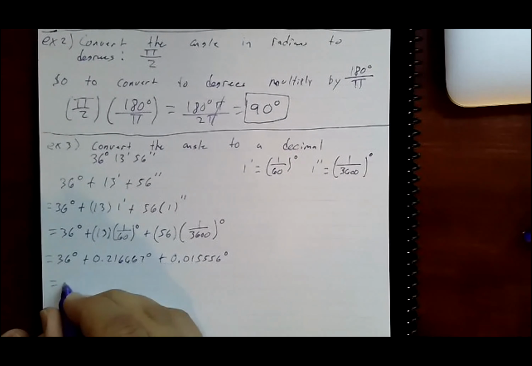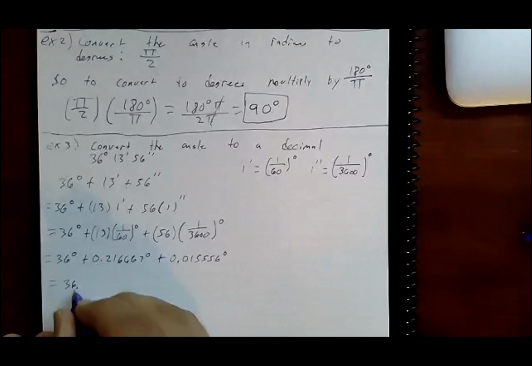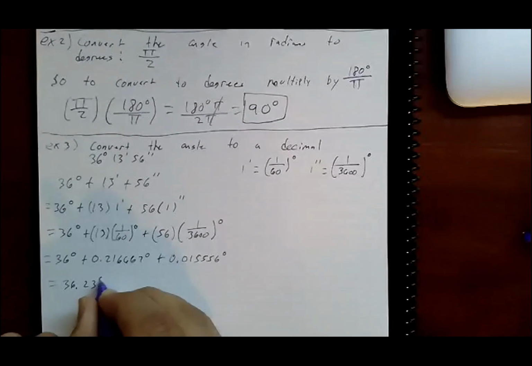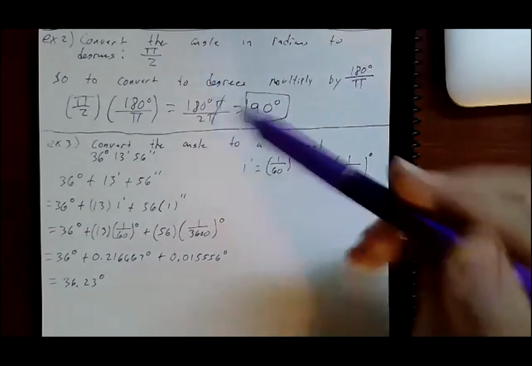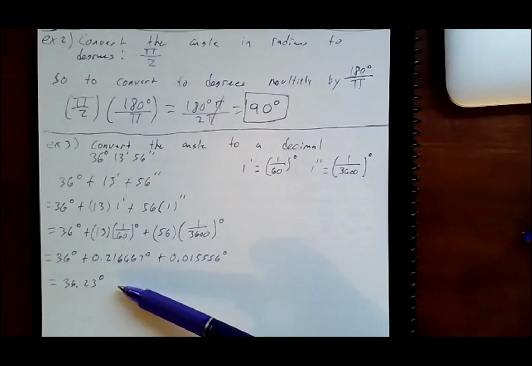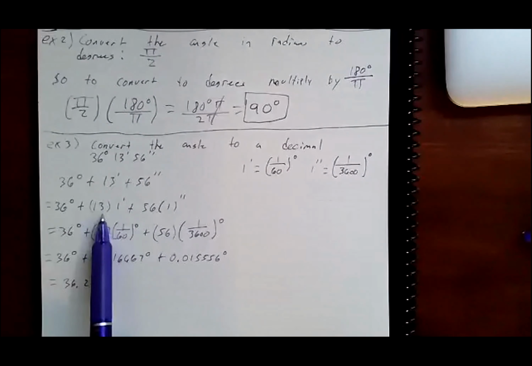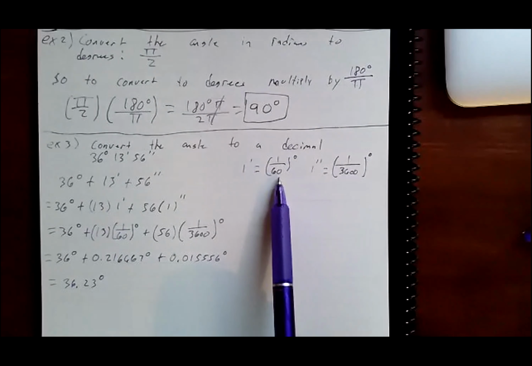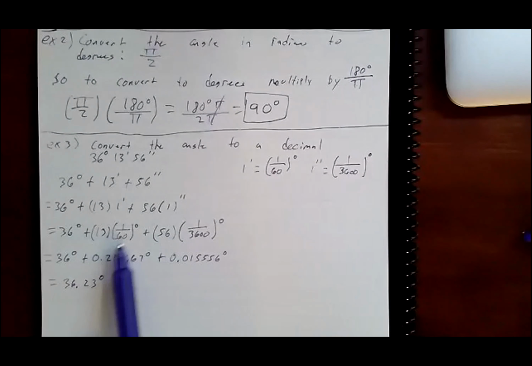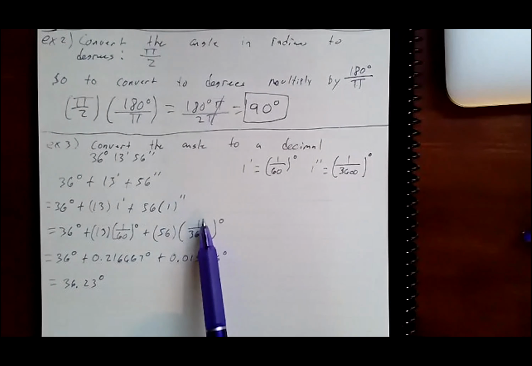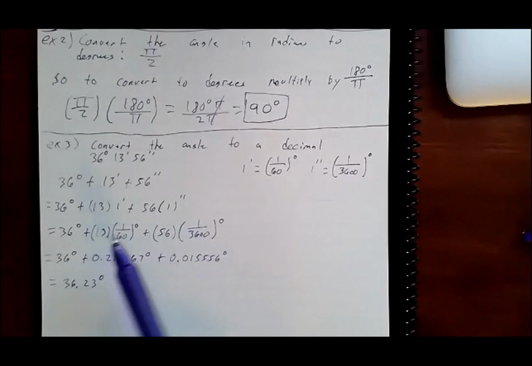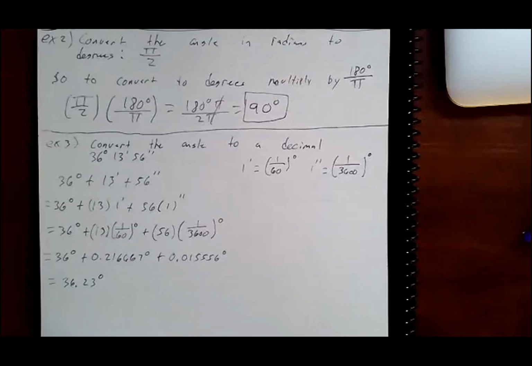Should be 36.23 degrees. So we went from degrees, minutes, seconds to pure degrees. We converted this guy 13 times this formula here, 1 over 60. Converted the seconds by 56 times 1 over 3600. So these turn into decimals. We added them up and rounded.